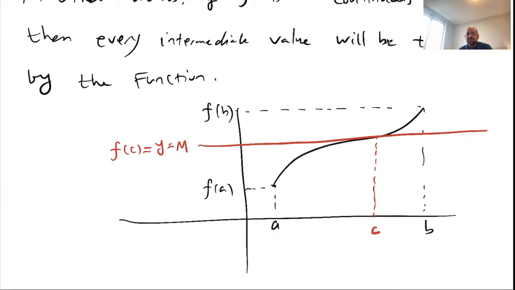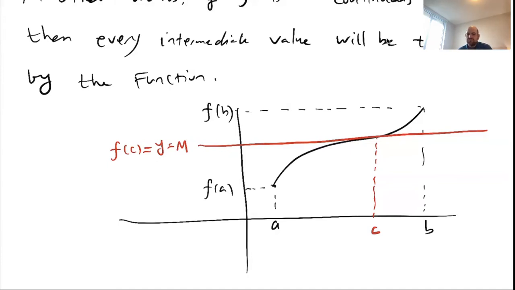Of course, this theorem needs a proof, but if I want to explain the idea: because you have a function which is continuous, there is no hole or break. So when you want to move from f of a to f of b, you will pass through every intermediate value at some point. You are not allowed to jump and bypass any intermediate value.